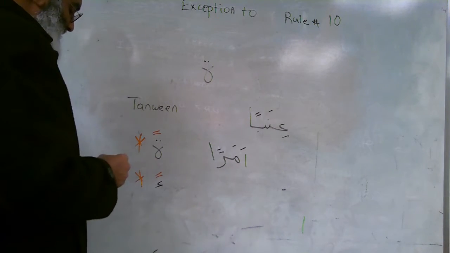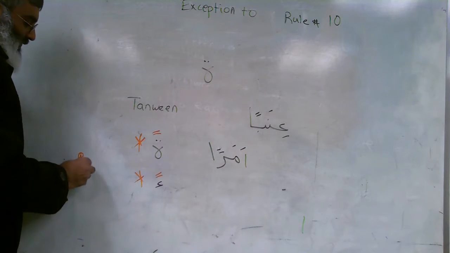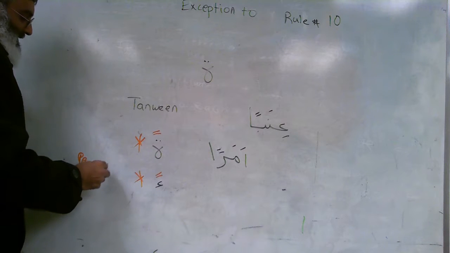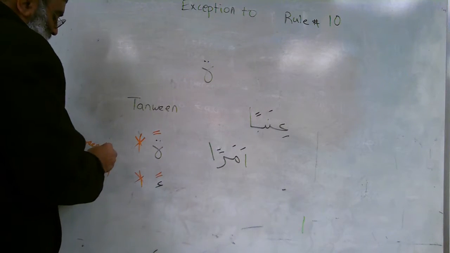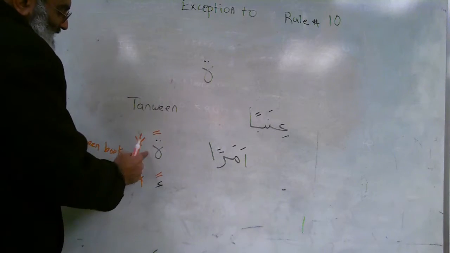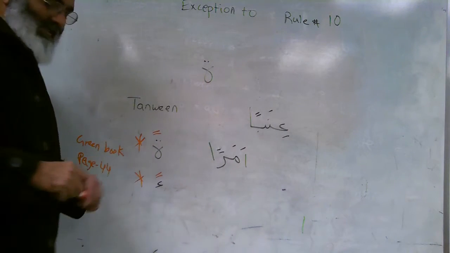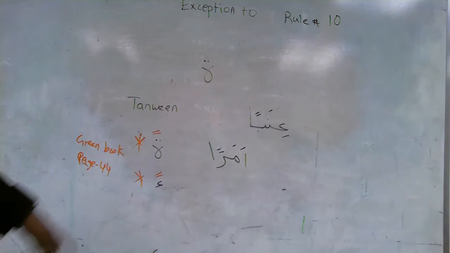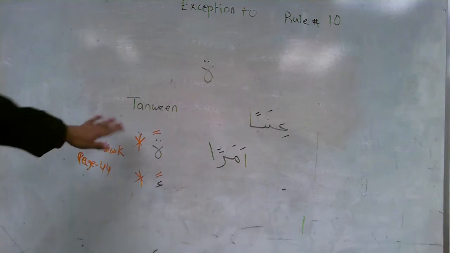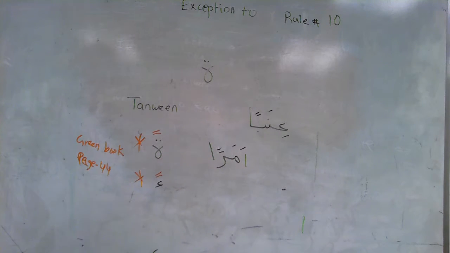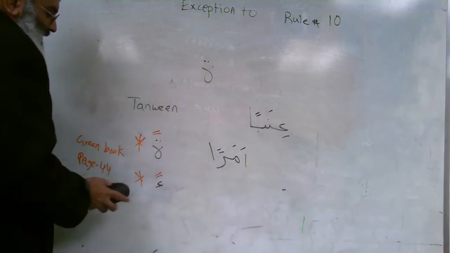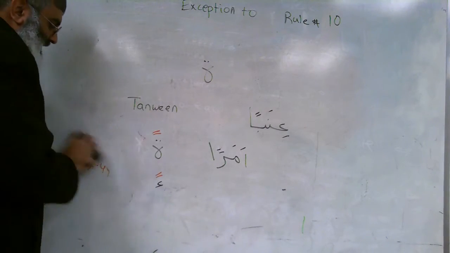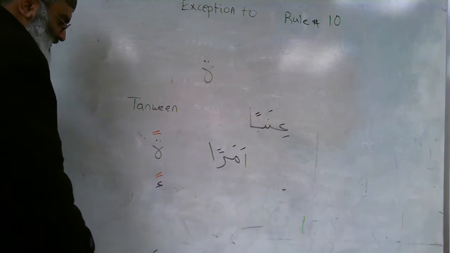Alif is not needed in these cases. So page 44 of your green book has some words which use this situation. You will see ta marbuta and hamza as the last letter with two fathas, but no alif will be seen next to it, because these two letters are exceptions to this situation. No other letters have this distinction.